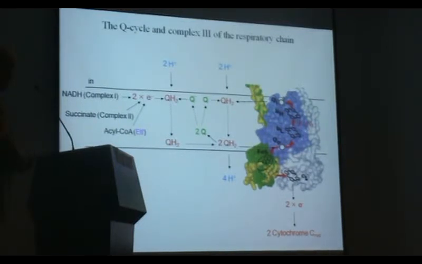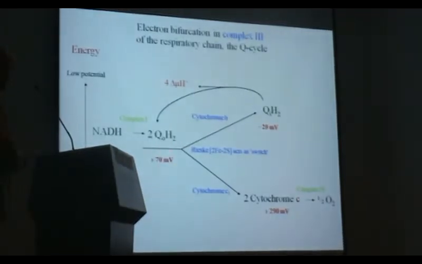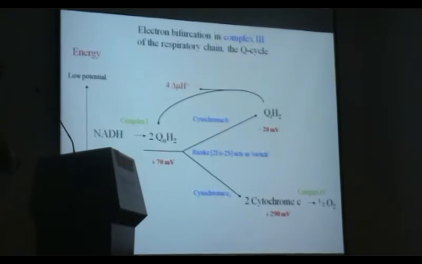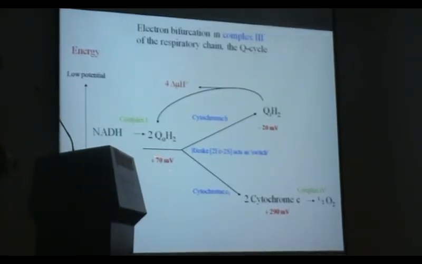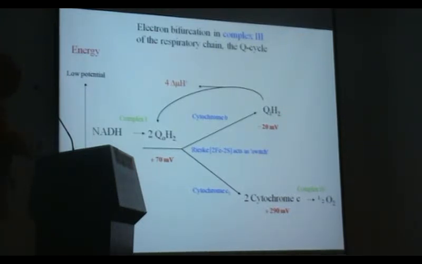We call it bifurcation because the quinol redox potential of about 70 millivolts bifurcates to the more positive potential cytochrome c and to the more negative potential, at the higher energy, to the quinone. And then it is recycled, and we get the 4 proton force.